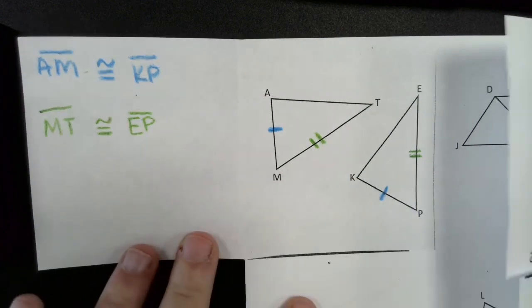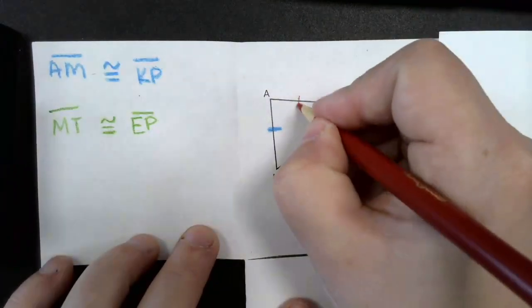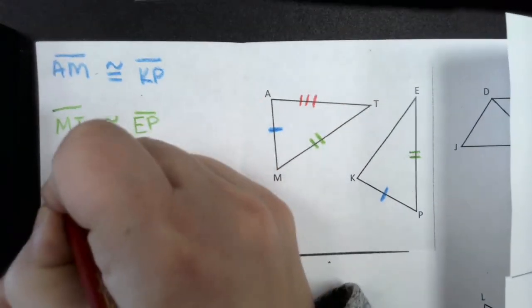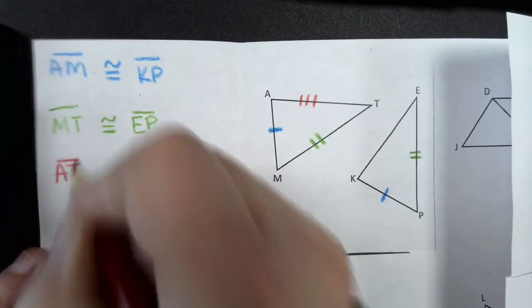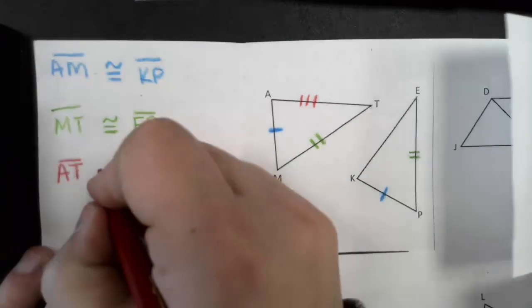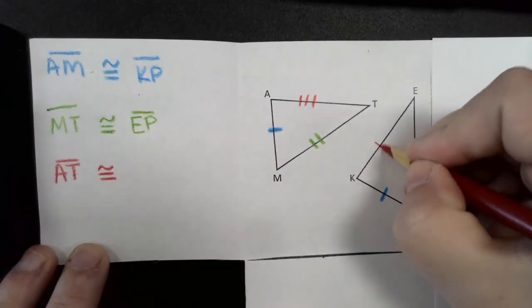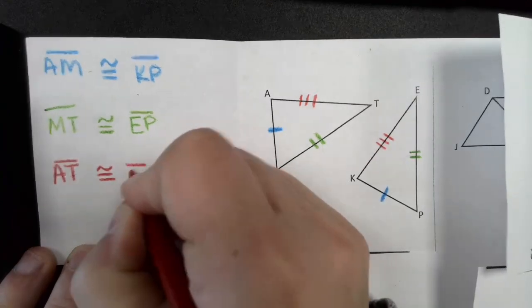Alright, and then we have our last side here, which is AT. I'm going to do 3 tick marks there. Is congruent to KE.